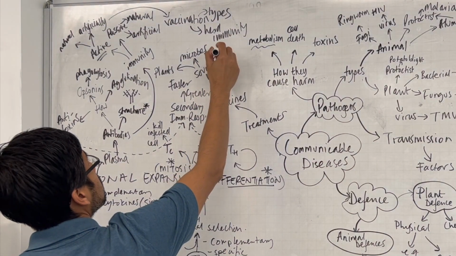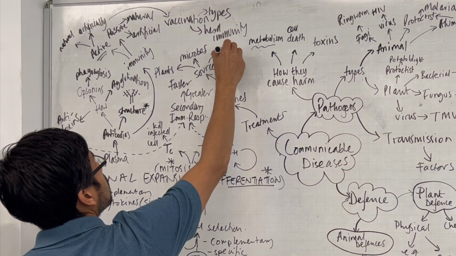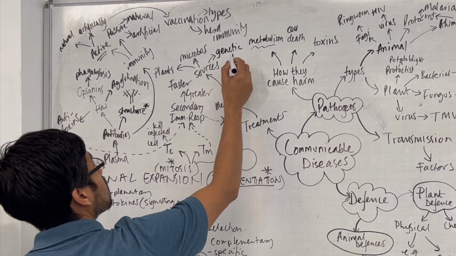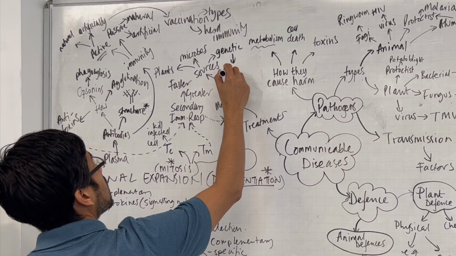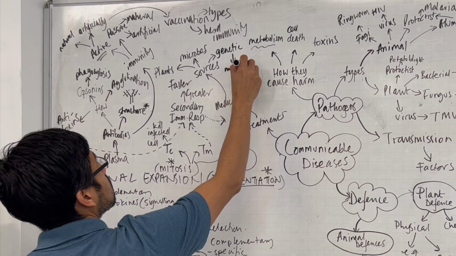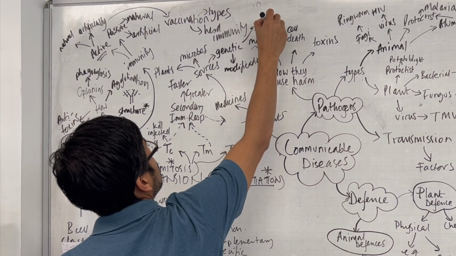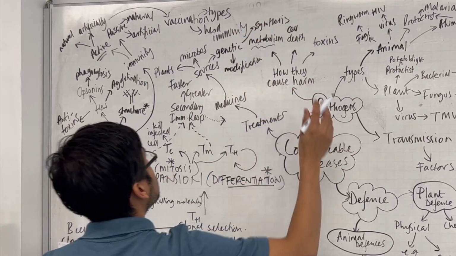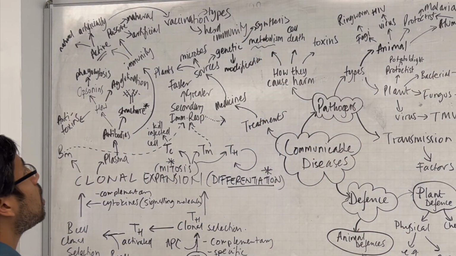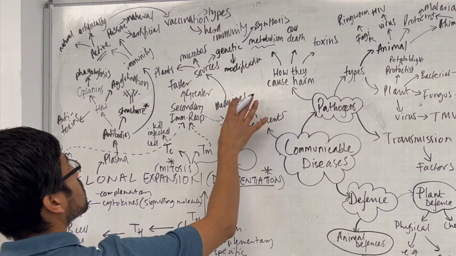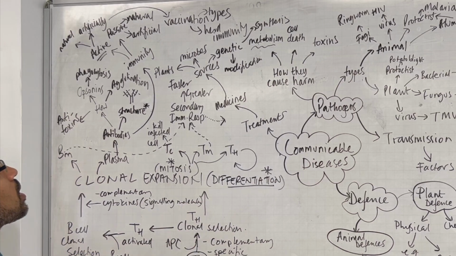So genetic information, it could be genetic modification, could be genetic synthesis. Okay, so we have those. And I think that that's it.